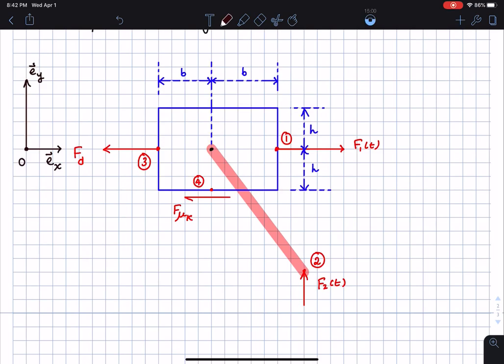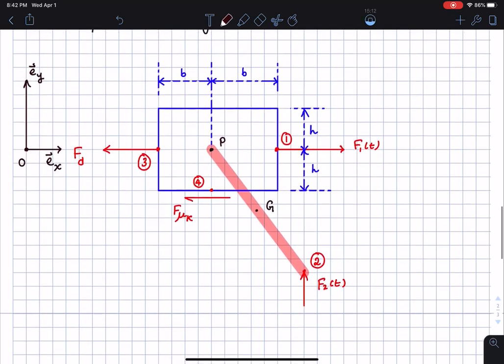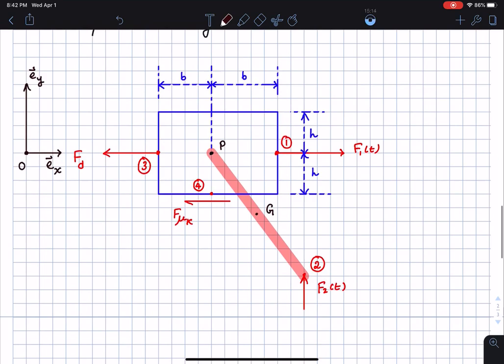And I think we call this point P here, and the center of mass of this rigid bar we call little g, right? The distance from the point O all the way to the point P is going to be a distance x, which is x of t. This is the distance that is varying over time, and it's one of our generalized coordinates as well.